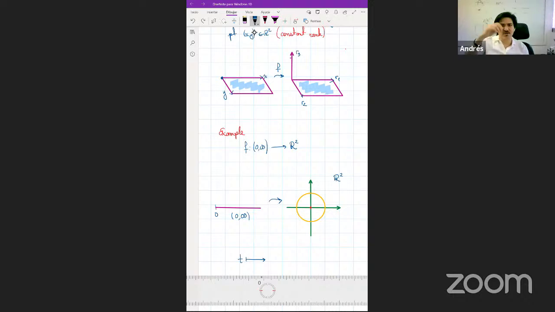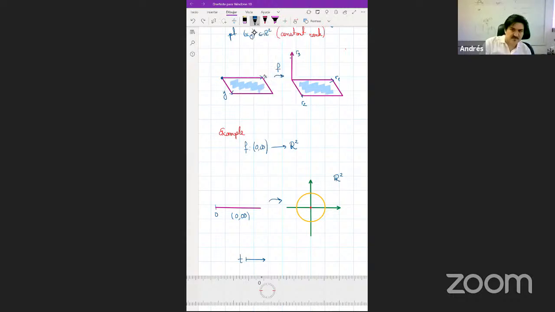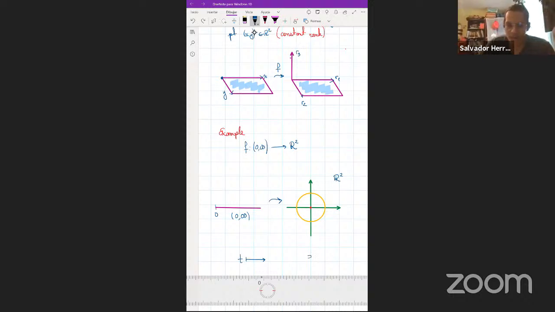In order to go around, it's going to be like the circle. For example, the curve that makes the circle, like r times cosine, comma r times sine, where instead of using r, we use 1 minus e to the minus t.